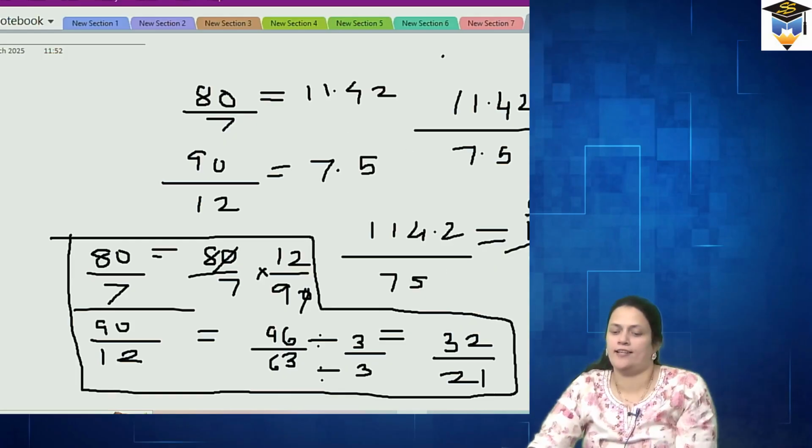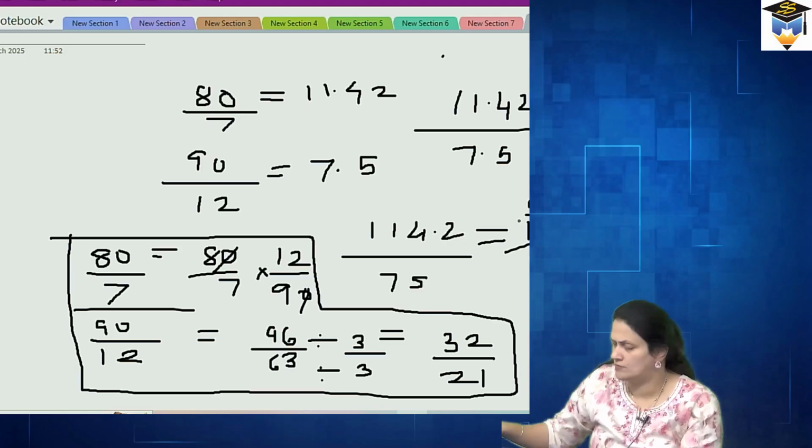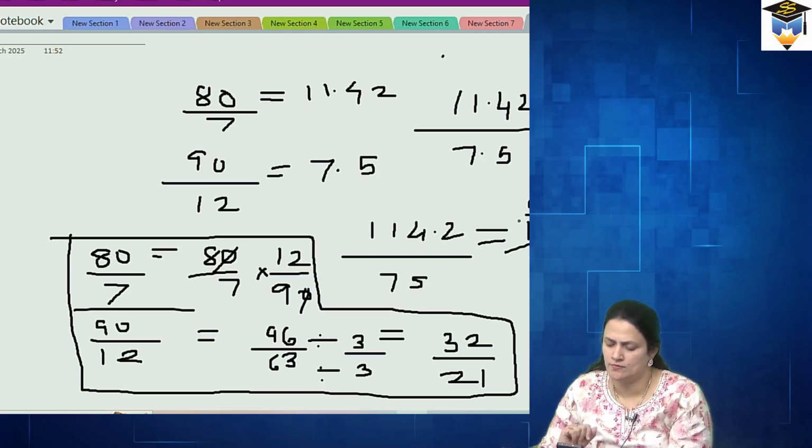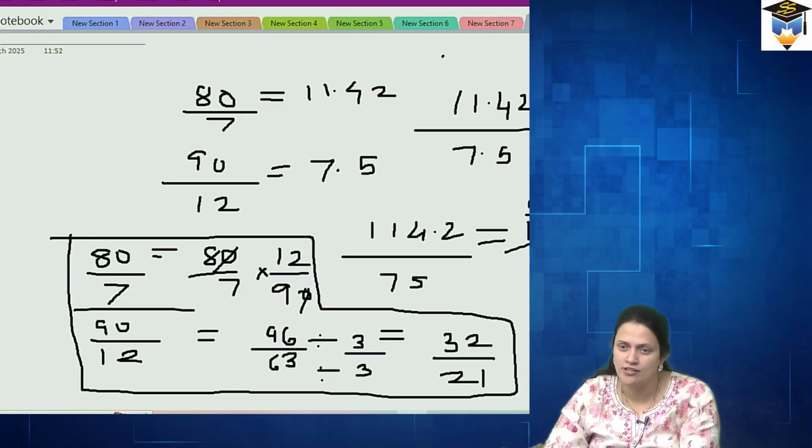But still its answer should also come. Why did it not come? It should have come, but okay. So remember, if there is a fraction, solve it like this only by taking the reciprocal. That is easier. Solve by this method.